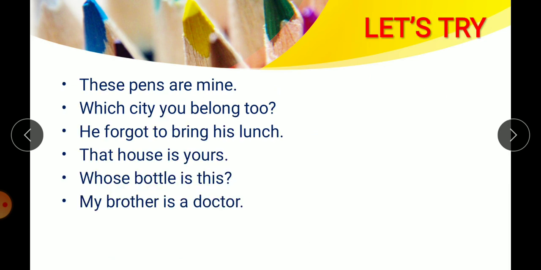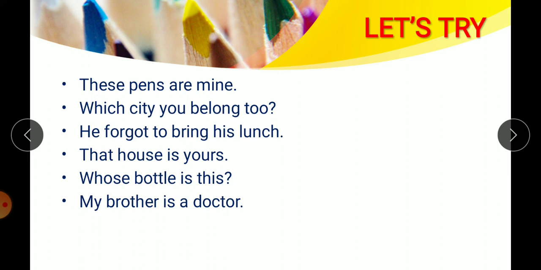Now if you have understood these three, demonstrative, interrogative and possessive adjectives, let's try a small exercise. These pens are mine. So if you remember, words like these, that, those and this, they are demonstrative adjectives. So these is a demonstrative adjective. Which city do you belong to? Now which, whose, what. ये तीन शब्द क्या होते हैं?